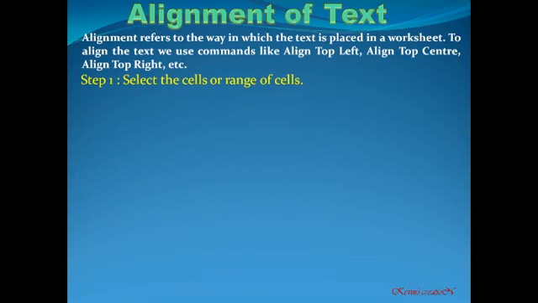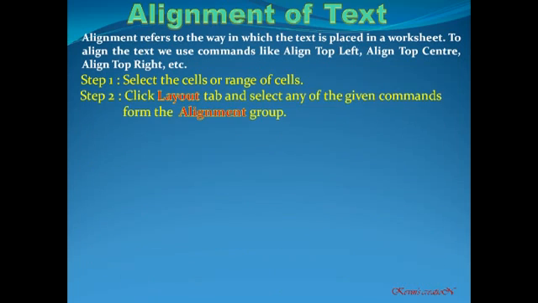For this, you have to select the range of cells or a single cell, whichever you want. Then go to Layout tab and select any one of the given commands from alignment group.